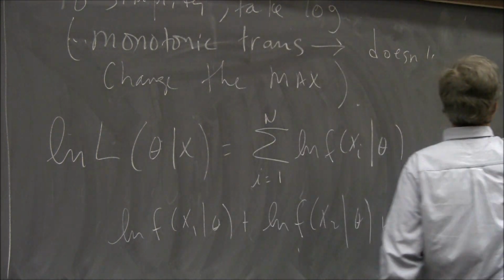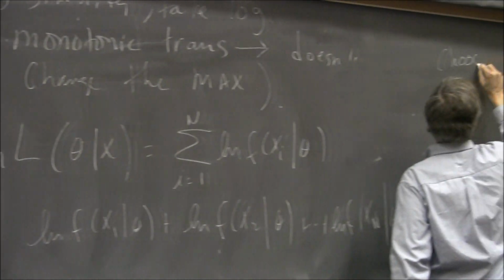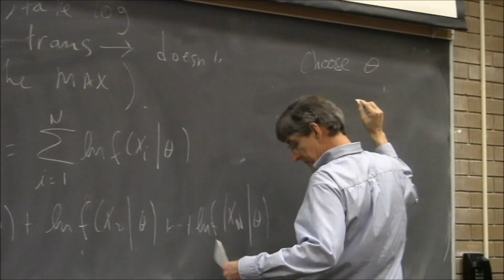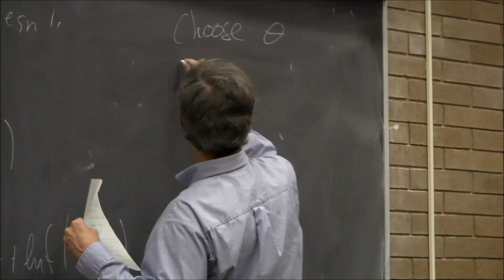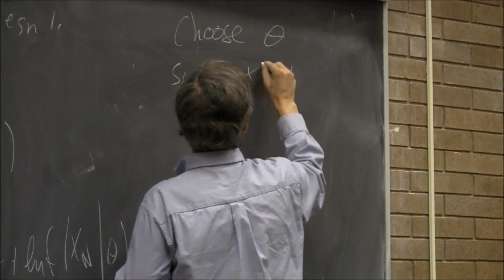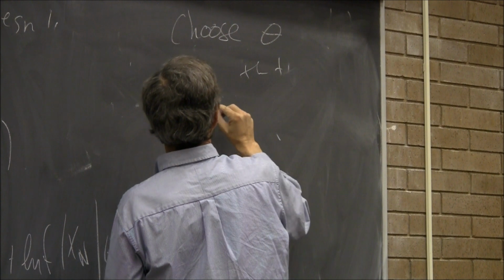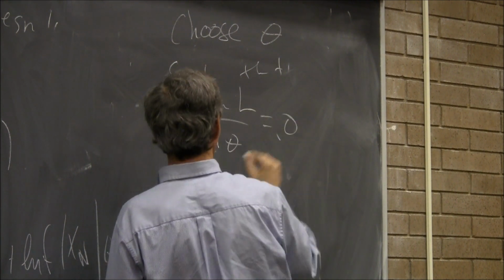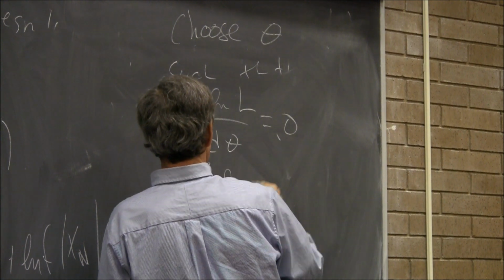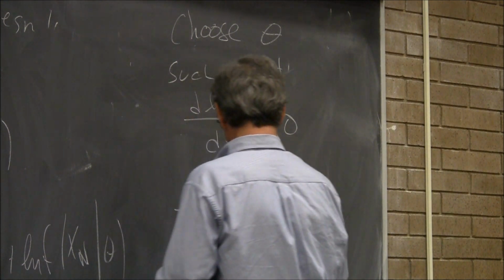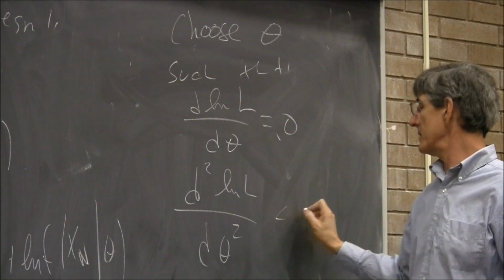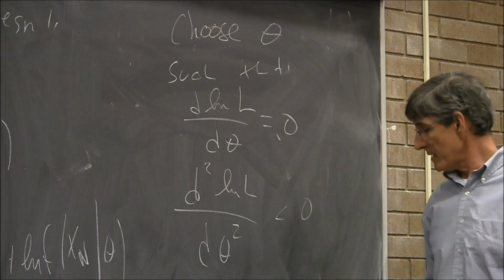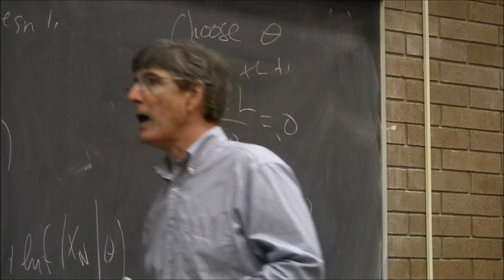So we'll choose theta such that d log L d theta equals 0, and d2 log L d theta squared is less than 0, because maximum.